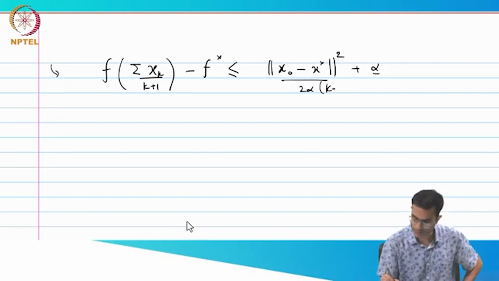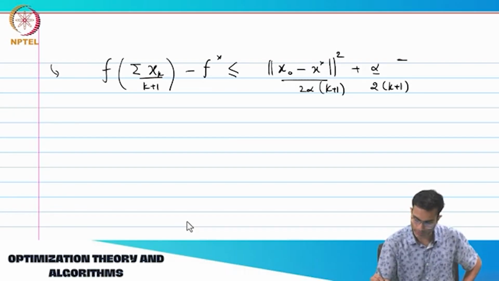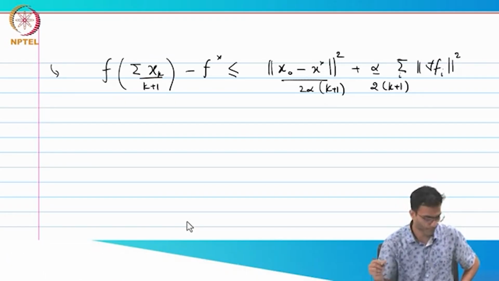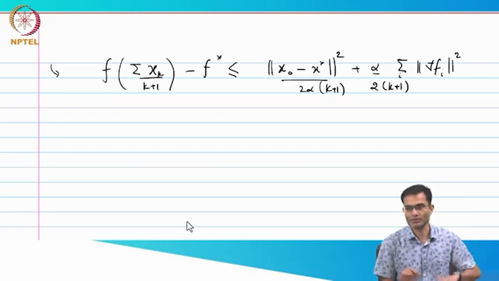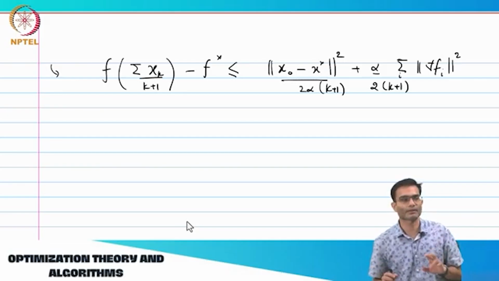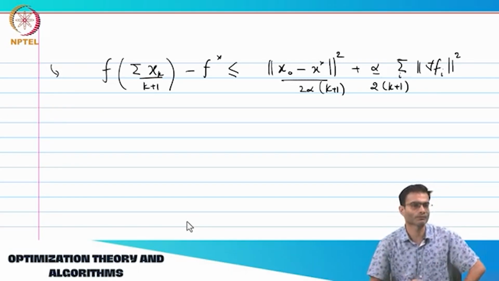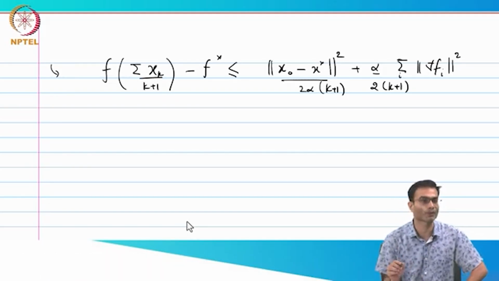So this is going to be k plus 1, 2k plus 1, and I have a summation of grad f i squared. So this is actually the final step of our not very, but somewhat complicated looking convergence proof, and now is where the creative part is in interpreting what I have got.